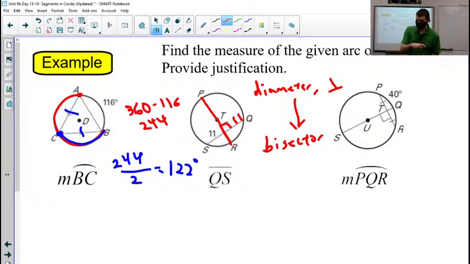So if you know one of the pieces, then that tells you what the other piece is. So because these are each 11, QS the entire way across the segment is going to be 11 and 11, which is 22.